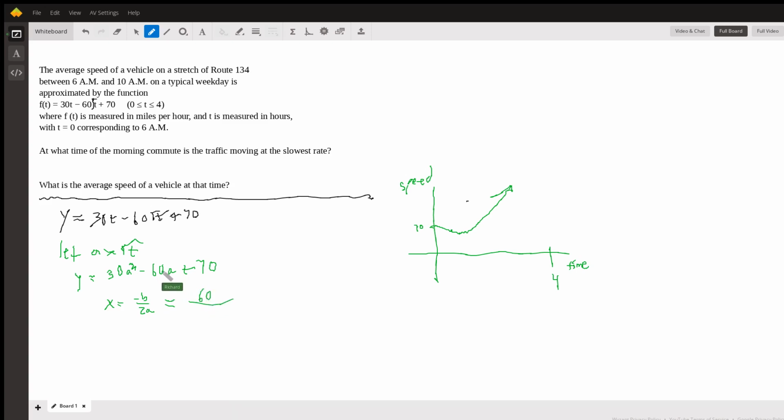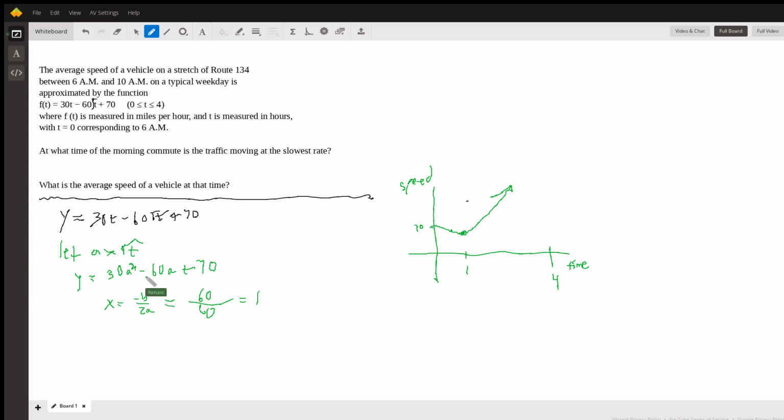And 2 times 30 is 60. So this is when a is 1. I shouldn't have used a, I guess, but the a here is 1. You're going to hit a minimum when a is 1. So we know it looks something like this now.